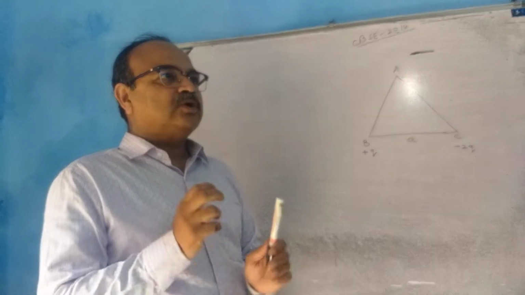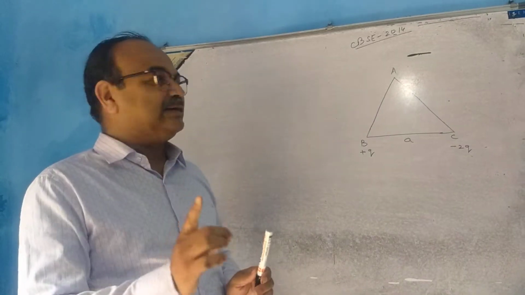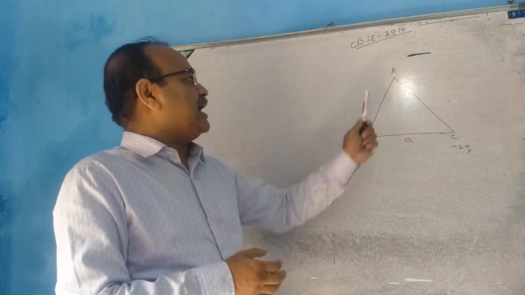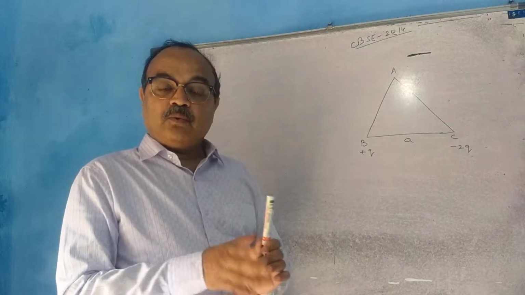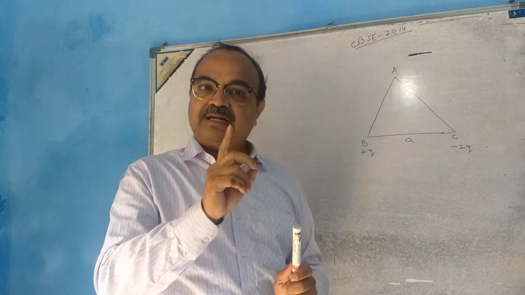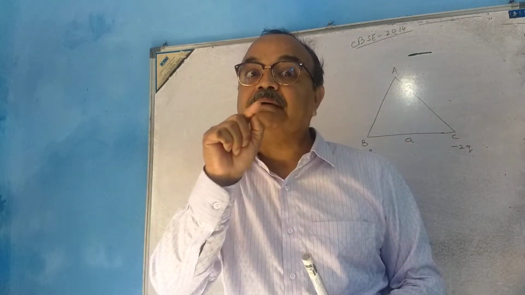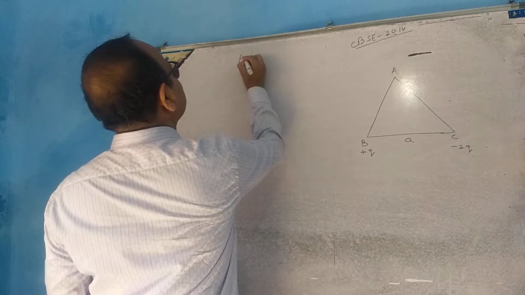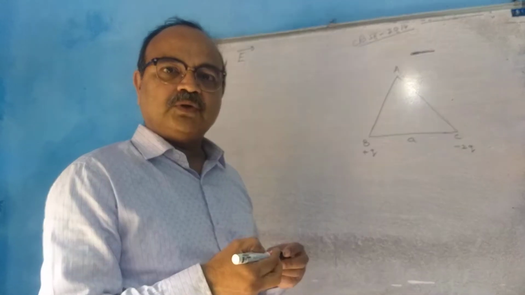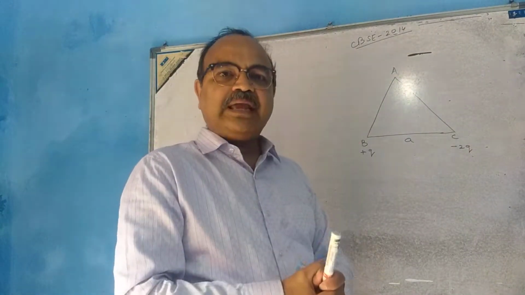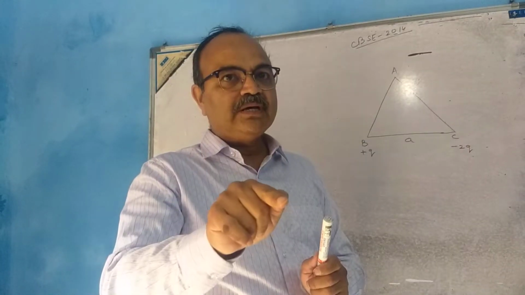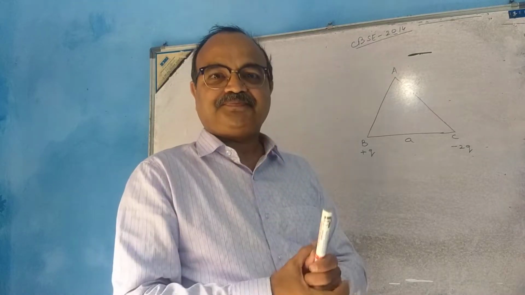Okay, what you have to do? You have to determine the electric field intensity E vector at the point A. When I say find the electric field intensity E vector at this point A, it means you have to find its magnitude as well as the direction.